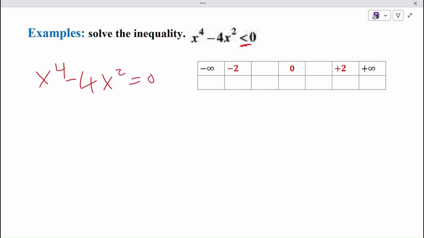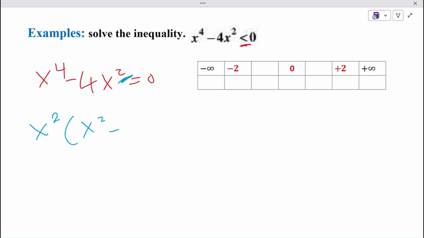In each term we have x, so you can take out the least power of x. Here, where is our least power? Our least power is x to power 2. Divide each term by x to power 2. Write x to power 2 here. Then x to power 4 divided by x to power 2 is equal to x to power 2.